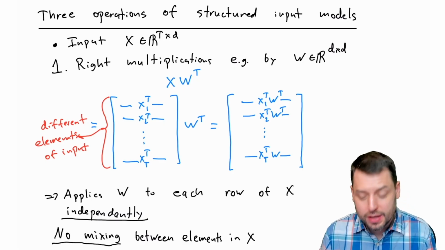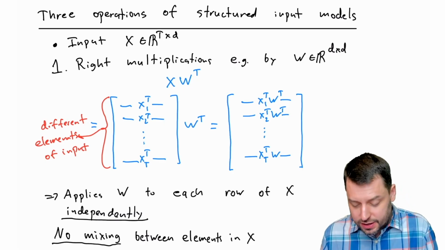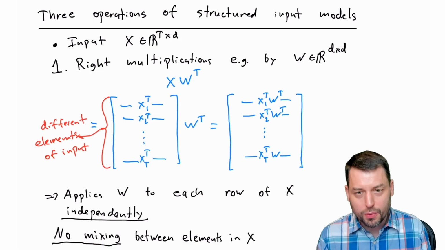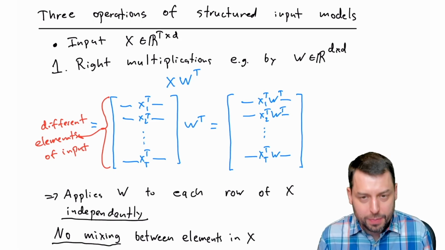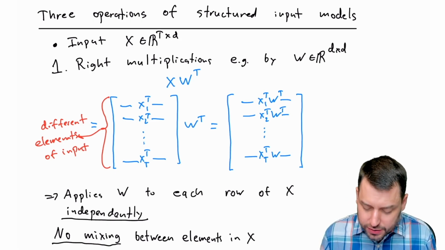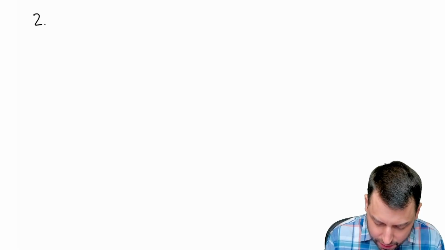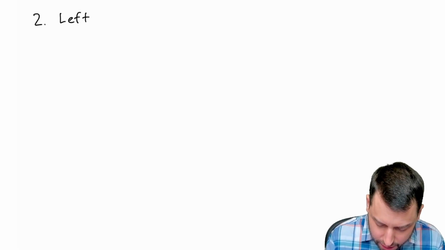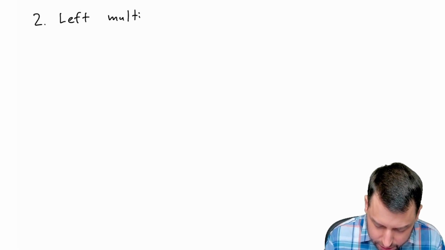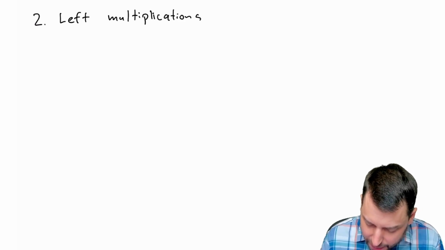So that leads us to the next operation that we typically apply in structured models. This next operation is left multiplications by some matrix.